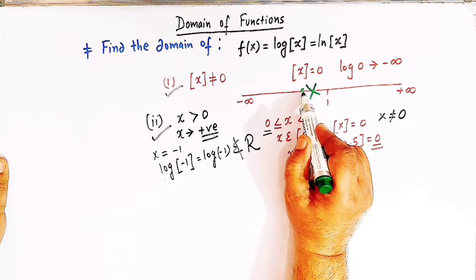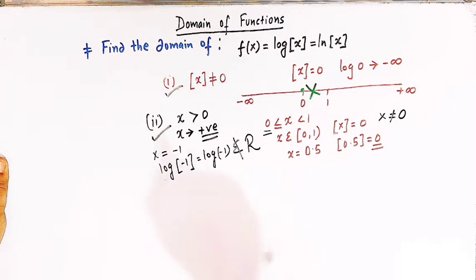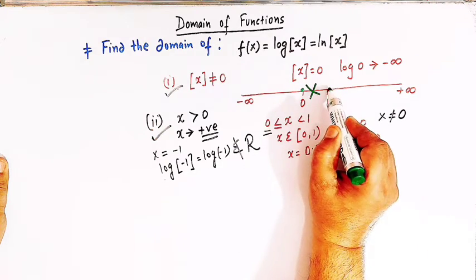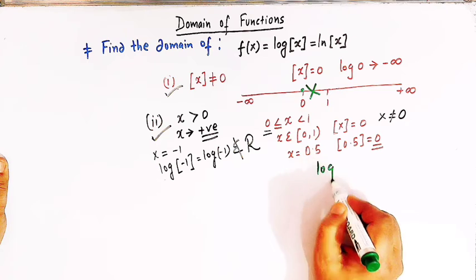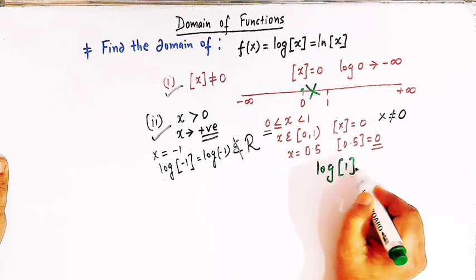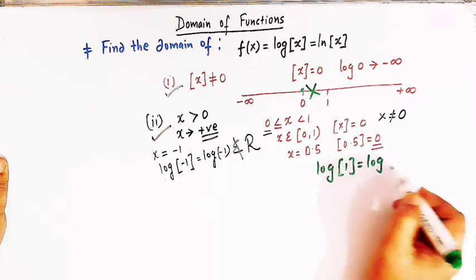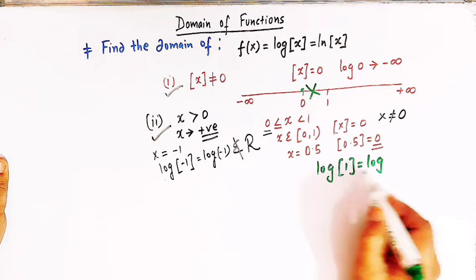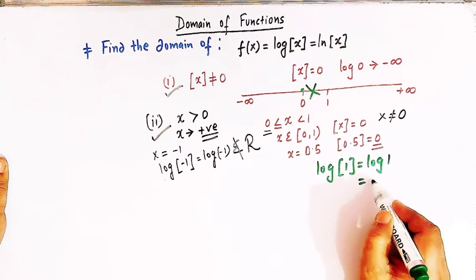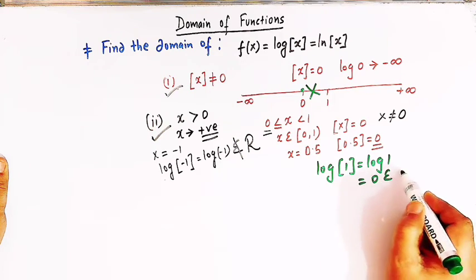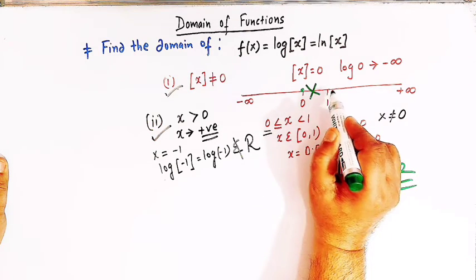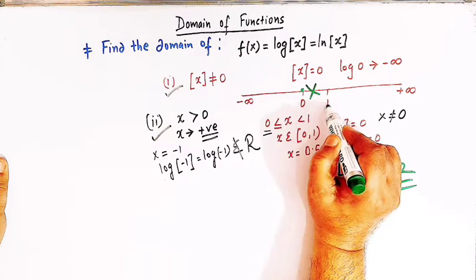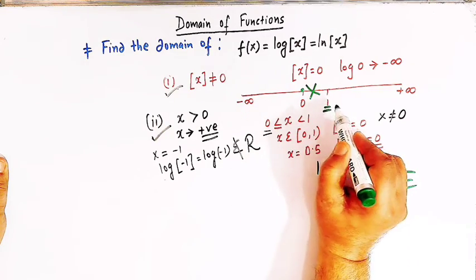And x equal to 1 may be taken, because the greatest integer of 1 is 1, so log of 1 is 0, and 0 belongs to the set of real numbers, right? So we can include x equal to 1.